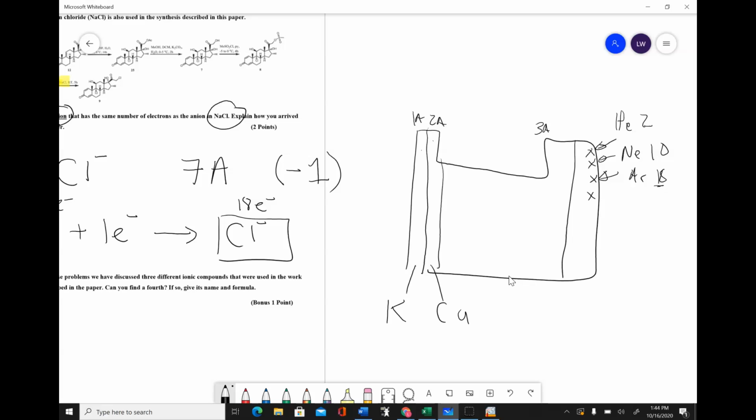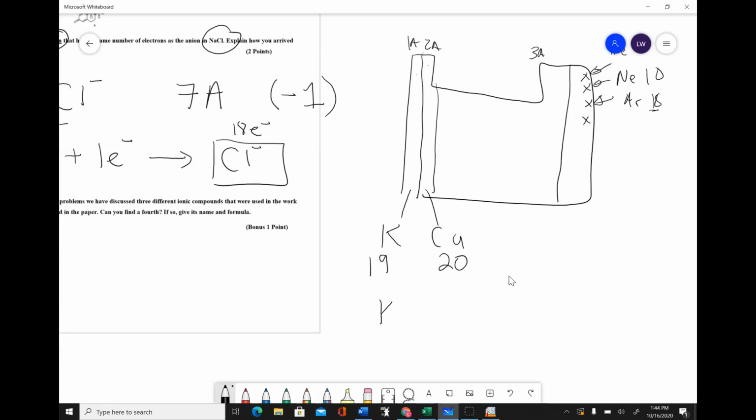Potassium has 19 electrons when it's the neutral atom, and calcium has 20. So if potassium, with its 19 electrons, loses 1 electron, it will form K+, and that has 18 electrons.